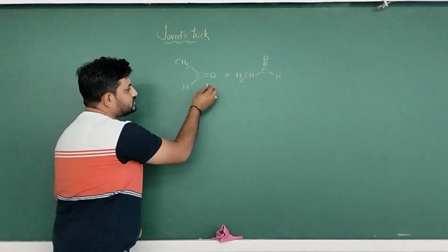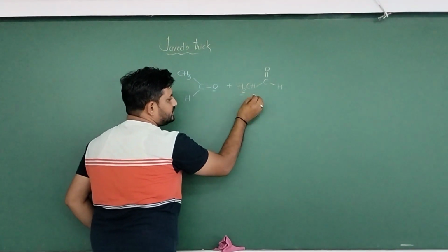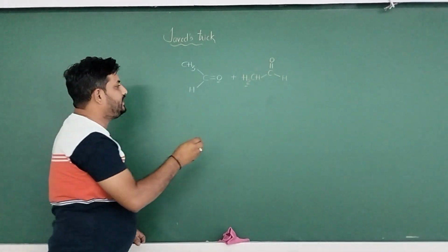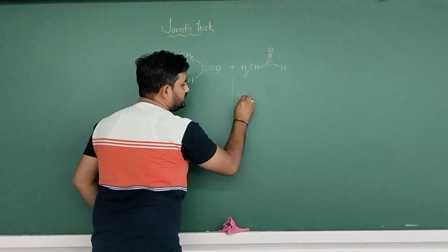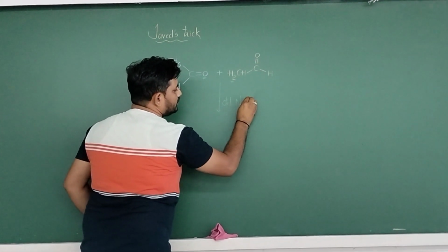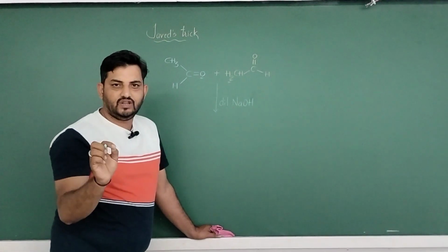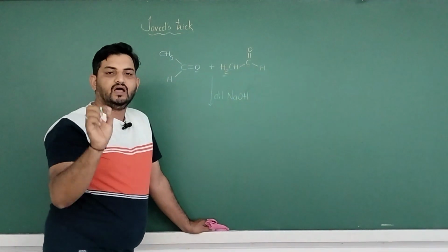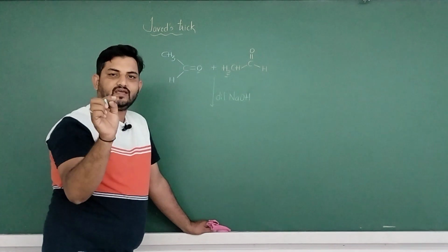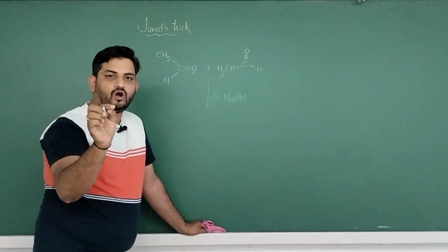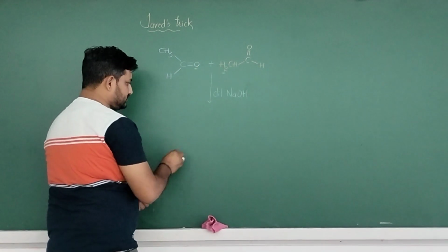I have exposed an oxygen at one aldehyde and I have exposed the hydrogens on the other aldehyde, to trigger in my mind that whenever I am using a dilute alkali over here and thinking of a condensation reaction, the basic definition of a condensation reaction is a reaction which involves loss of smaller products like ammonia, water, alcohol, etc. Here I can generate a water molecule out of this.